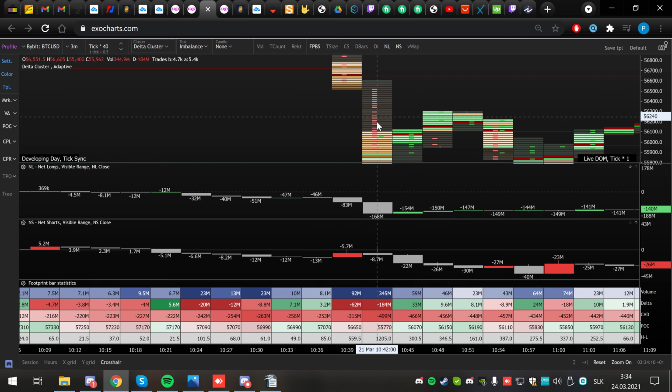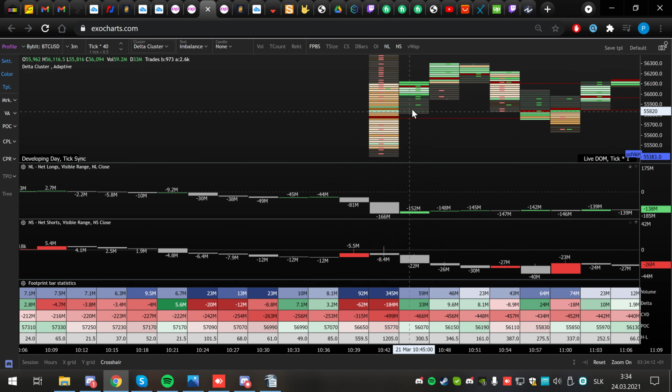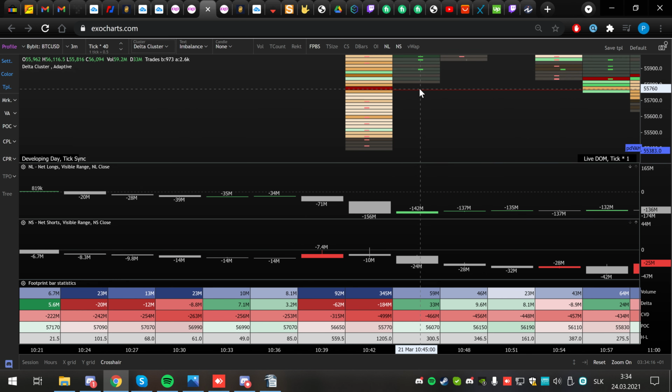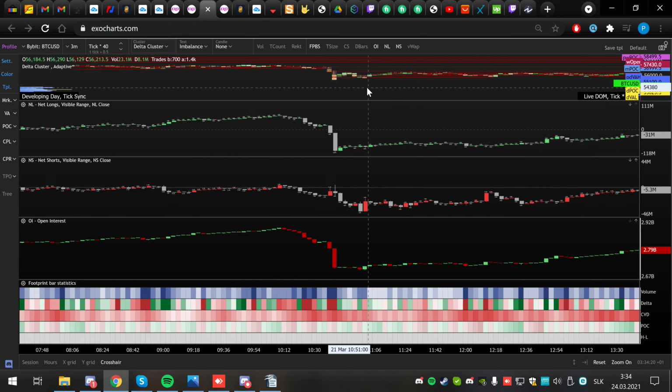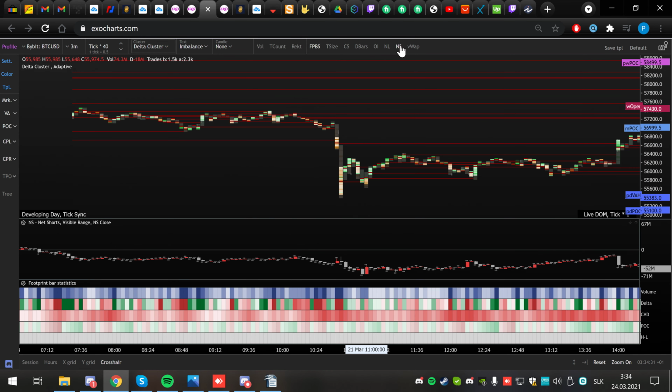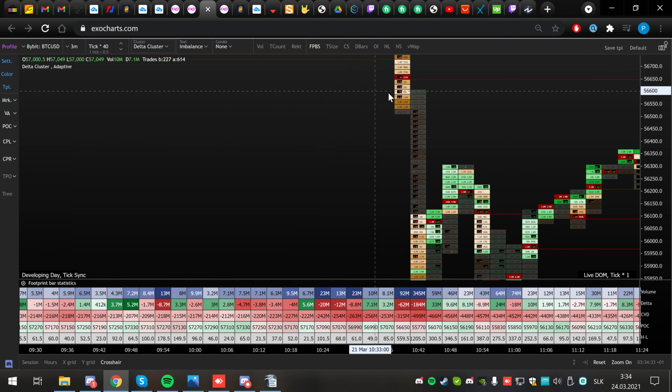Maybe someone was selling here and here and here, but all of those were just greedy longs, liquidated. There was also a drop in open interest, which confirms this is just liquidations and not new shorts, because when you have new shorts opening, it looks different.